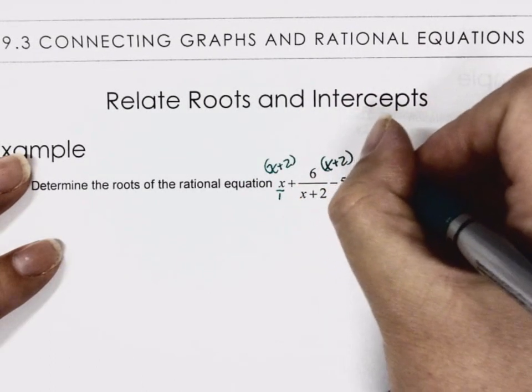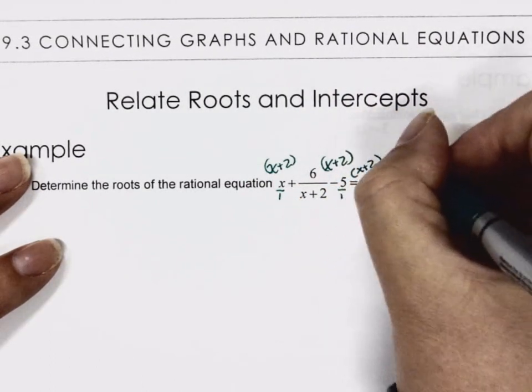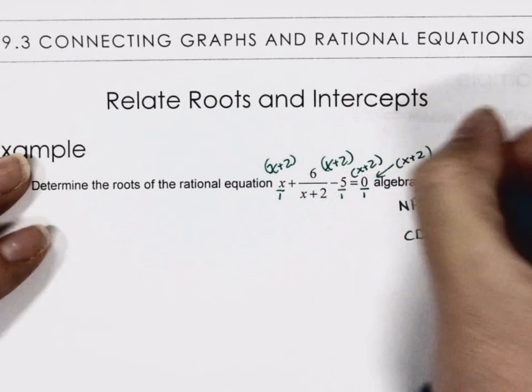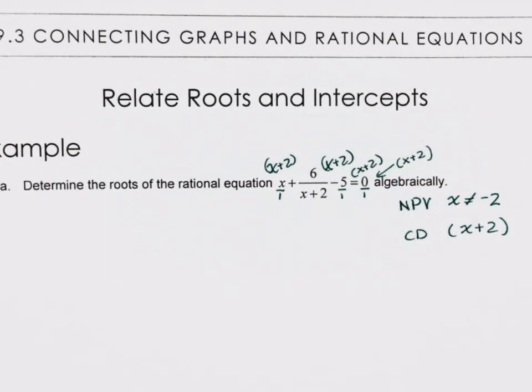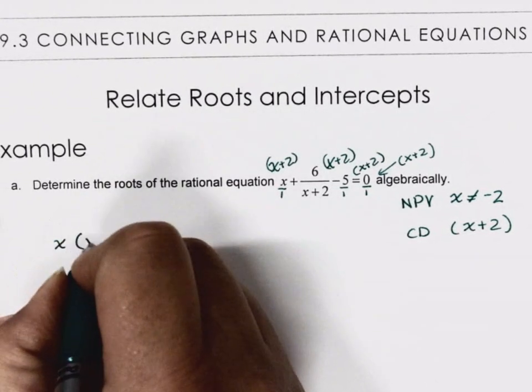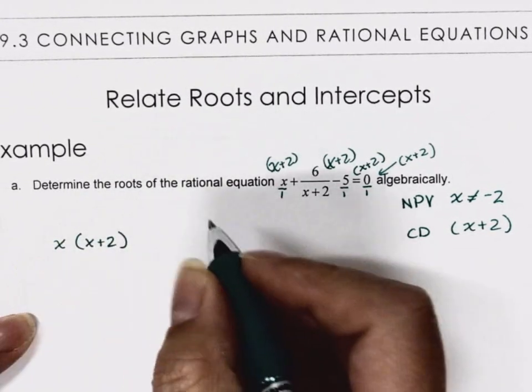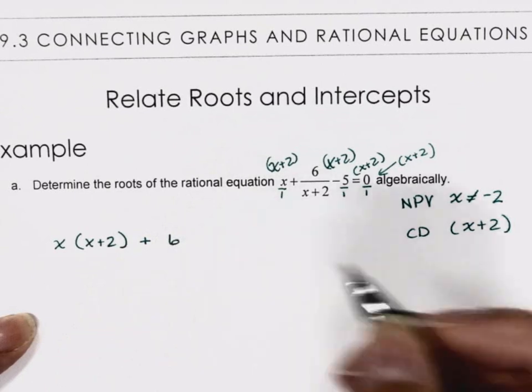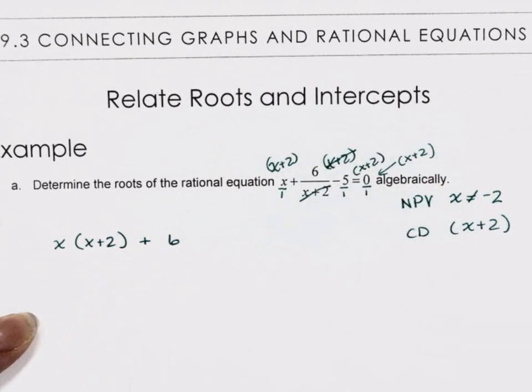But we have to multiply every term. I'm going to multiply that one by X plus 2 as well. So I have to multiply everything by X plus 2. So this is going to be X times X plus 2 plus 6, because those will cancel each other out.